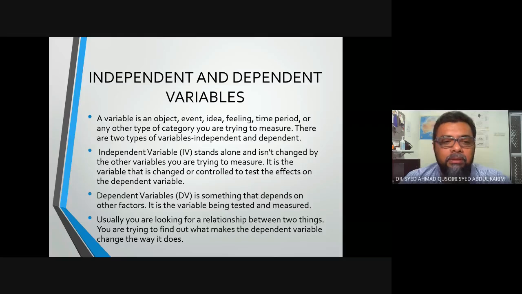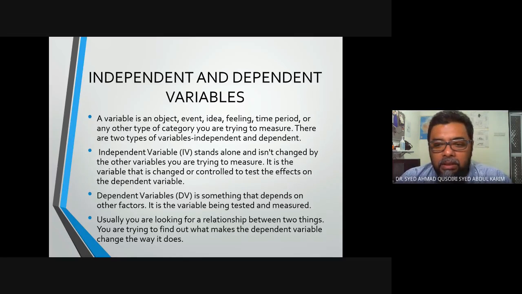So the variable is an object, event, idea, feeling, time period, or any other type of category which you are trying to measure. There are two types of variables, namely the independent and dependent variables. The independent variable, or the IV, stands alone.